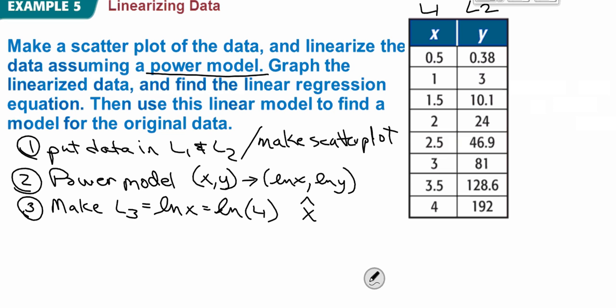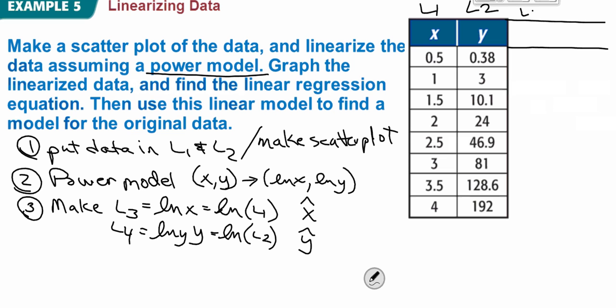And then we're going to make list 4 into the ln of y because I needed both of them, right? I'm transforming both sets of data. And that's going to be the ln of the y list, which is list 2, and that's going to be y hat. So right here, that's going to be list 3, and this is going to be list 4. This is the ln of x and the ln of y.